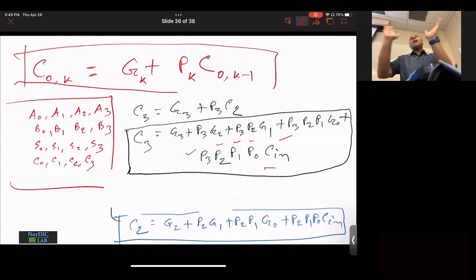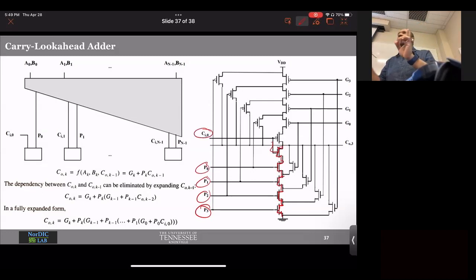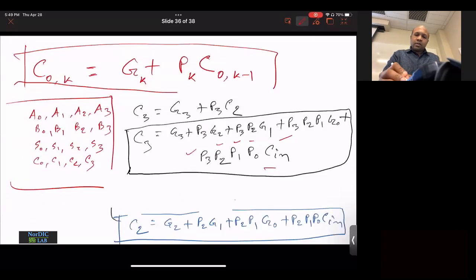C in or CI, whatever. Let's go. See, P3. P3, right? You see that? That's the input. P2, P1, P0. What's that? CI. Got it? Okay. So that's done.